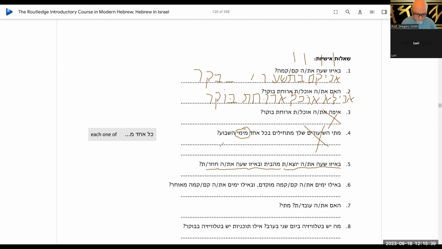So it's like hutzer. This one right here is hutzer. Notice that. Hutzer means return. And then this one is to leave the house. And notice this one right here, mehabayit, from the house. And at what hour do you return? Okay, I could answer this one pretty well, I think.